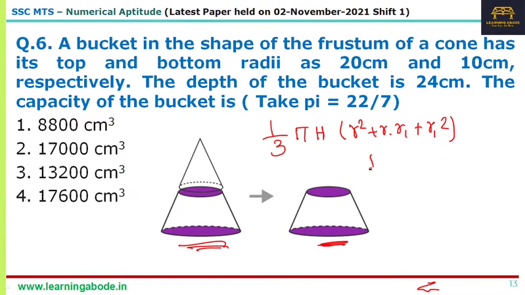So 1 by 3 into pi, which is 22 by 7. The height given is the depth, which is 24 centimeter, so 24 into r square.